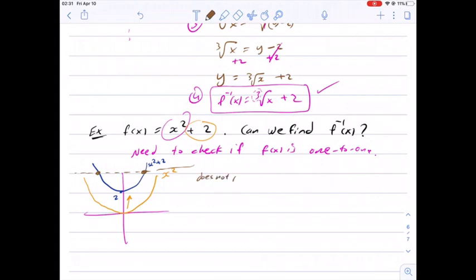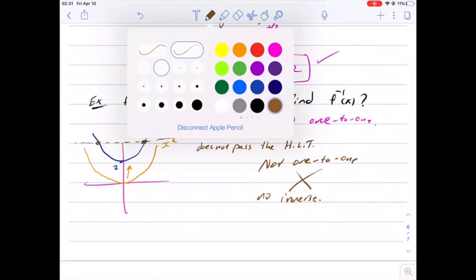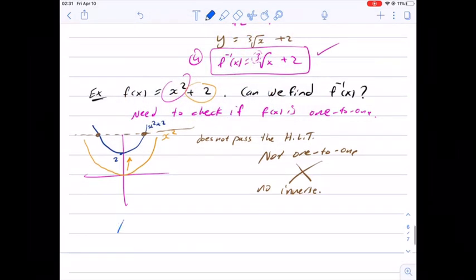So it does not pass the horizontal line test. So it's not 1-to-1. So no inverse. We can't find the inverse of this function. But what can we do in this case? If we want to find the inverse and this function is not 1-to-1, what can we do?